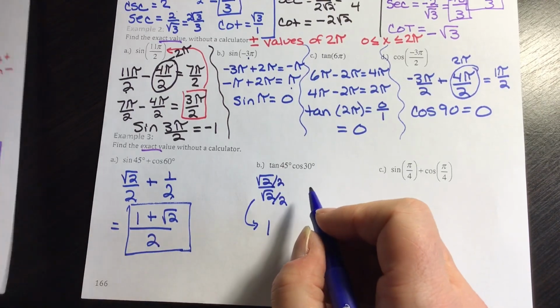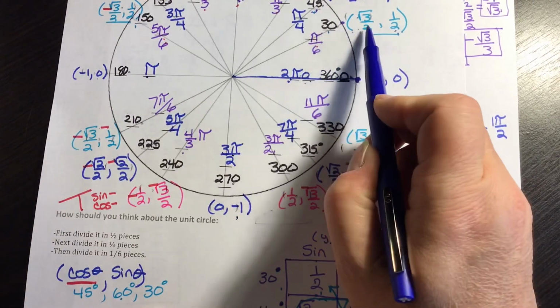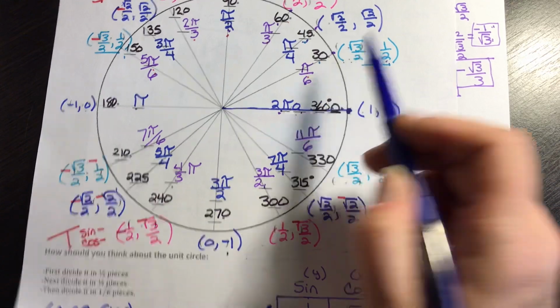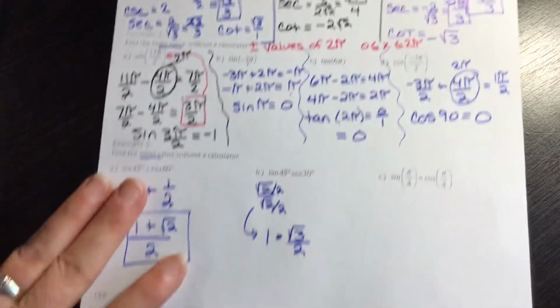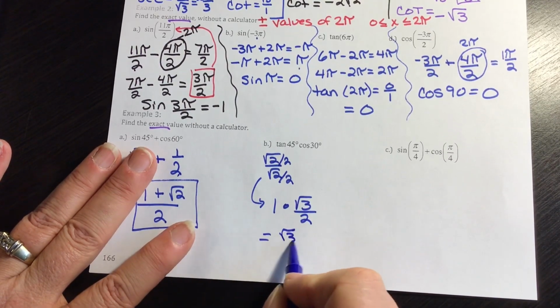And then I have cosine of 30. So 30 degrees, cosine is the first coordinate, so I have square root of 3 over 2. When I multiply these together, I just get square root of 3 over 2.